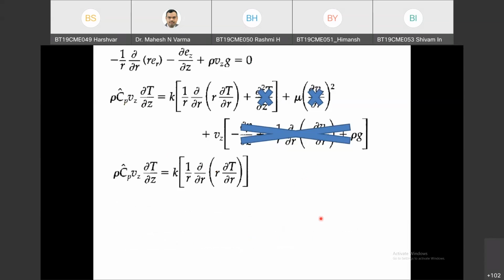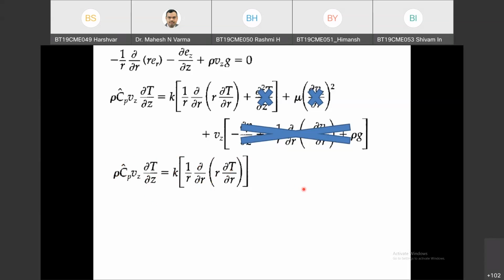That is what is expected. You were expecting that convection dominates in Z direction, so a first order differential equation in Z direction. Conduction dominates in R direction, hence a second order differential equation in R direction. This is the equation you got. Now you need to solve it to get the temperature profile.